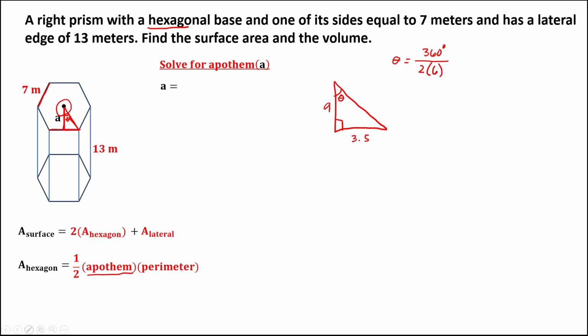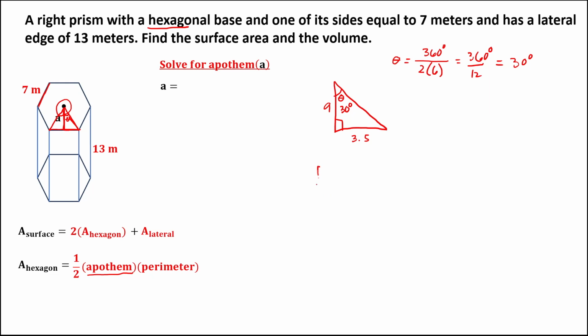So we have 2 times 6, because one triangle is divided by 2. And this is equal to 360 degrees divided by 12. Therefore, theta is equal to 30 degrees.